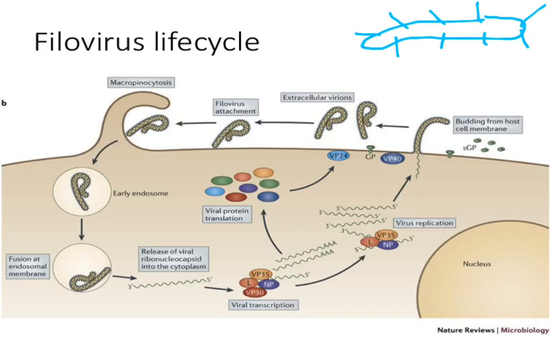And if you remember the ratio between SGP and GP, there are about 3 soluble GPs produced for every one full-length GP. So the virus spends a lot of the cell's energy producing this soluble GP. And again, the reason to do this is just to prevent a B cell response.